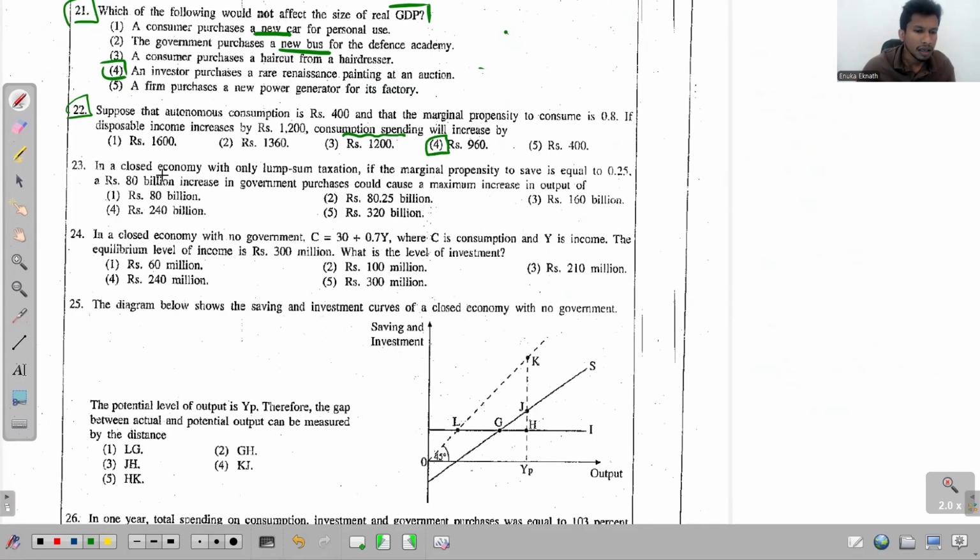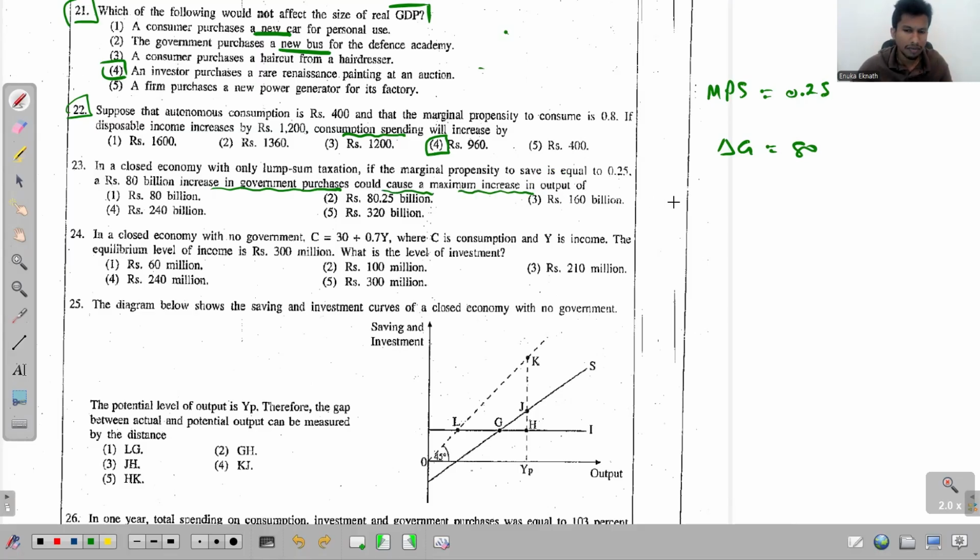it says in a closed economy with only lump sum taxation, so one-time taxation, if the marginal propensity to save is equal to 0.25, which means MPS is 0.25, a rupee 80 billion increase in government purchases could cause a maximum increase in output.